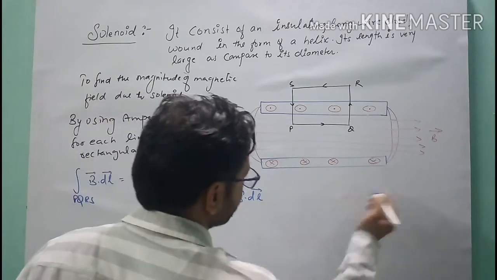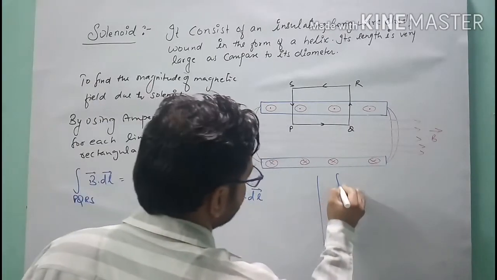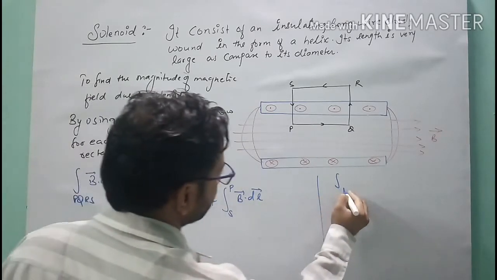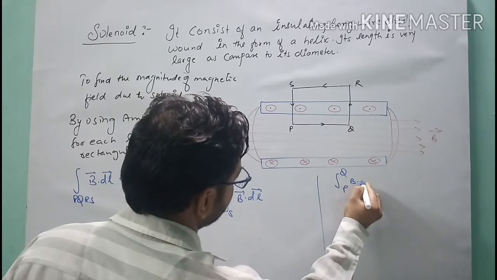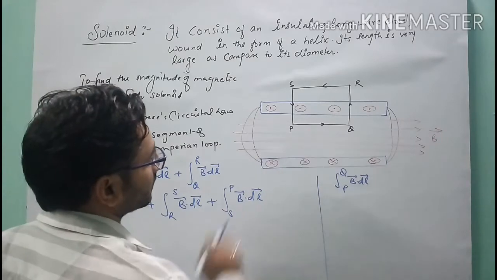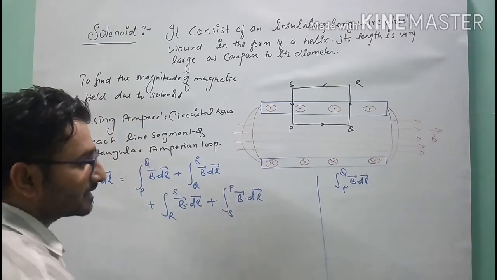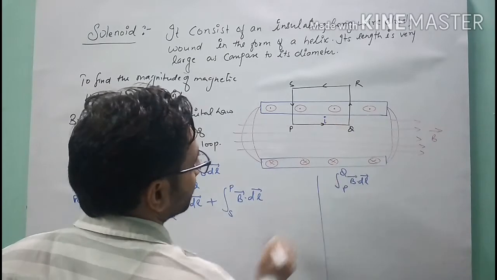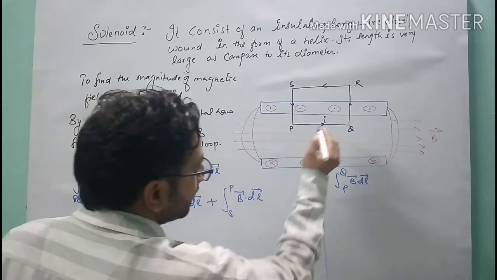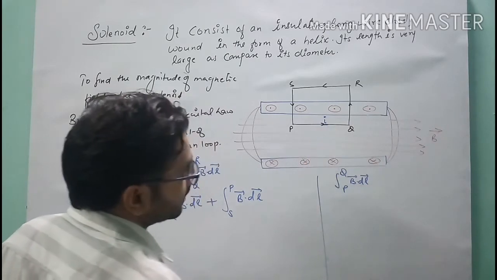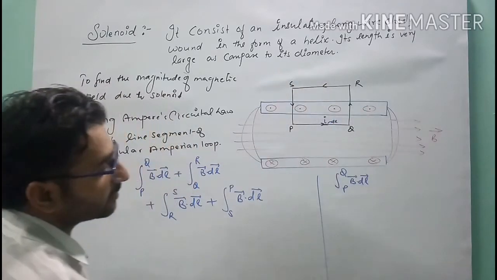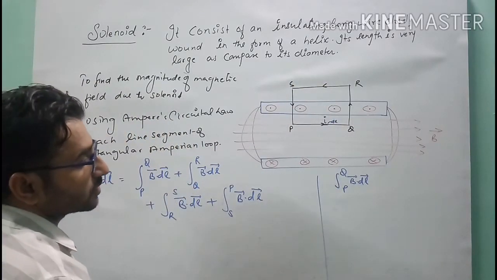Now see first case. Listen carefully. If we think here about P to Q, or you can say for the line element P to Q, where we can see the direction of current I and the direction of magnetic field B, and if I am taking here a small line element of length dl, in each case I will take the line element according to its corresponding side.